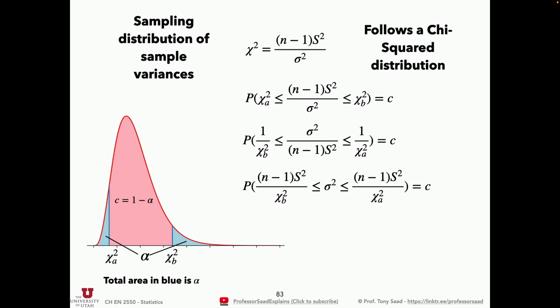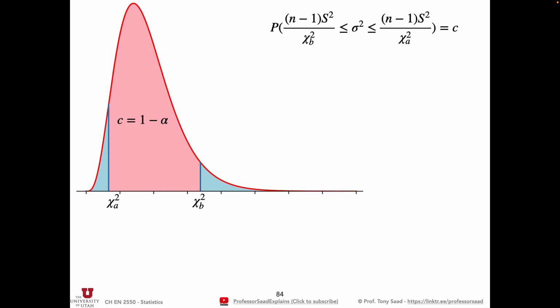So given a confidence level of C, we can bound s squared in a sample of size n. We can estimate the population standard deviation to be between those two values with confidence equal to C. But there's a problem. How do we choose chi squared a and chi squared b?